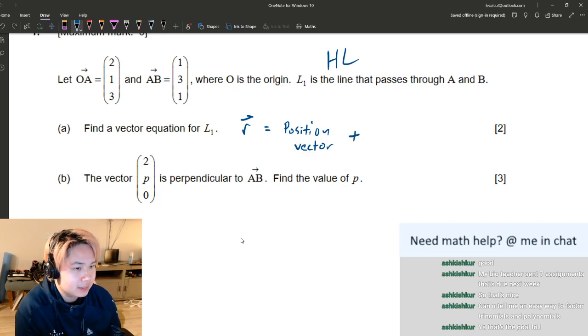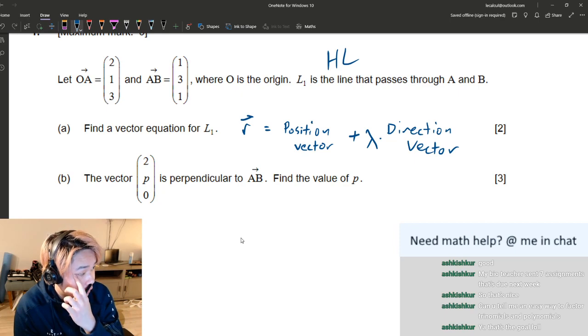And then you add some multiple of the direction vector. And depending on your style, this multiple, you can call it lambda, or t or s or whatever.